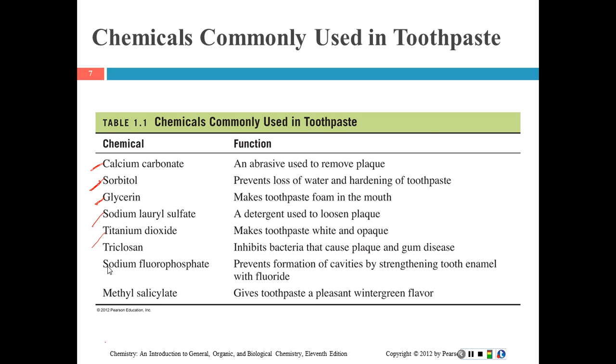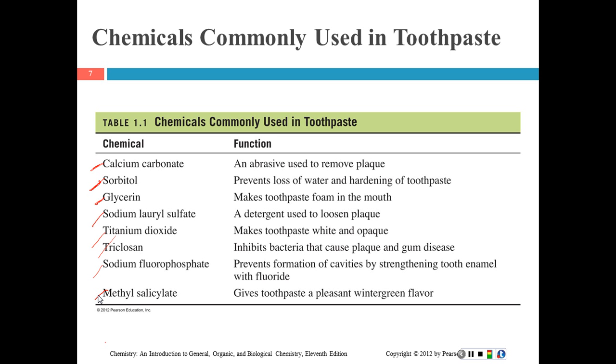Titanium dioxide makes it white. Triclosan inhibits bacteria that cause problems in your mouth. Sodium fluorophosphate hardens the enamel, which helps keep you from getting cavities. And methyl salicylate gives it that nice wintergreen flavor, which is also a sweet flavor.